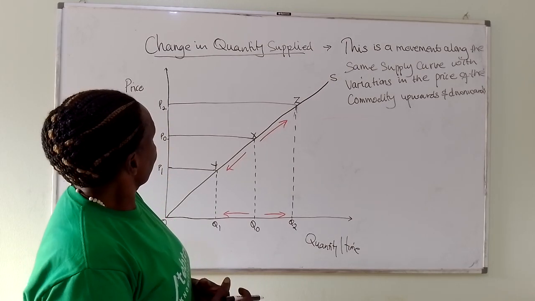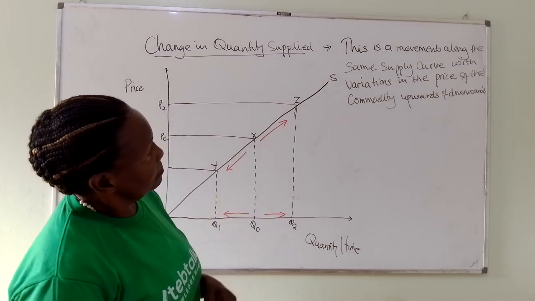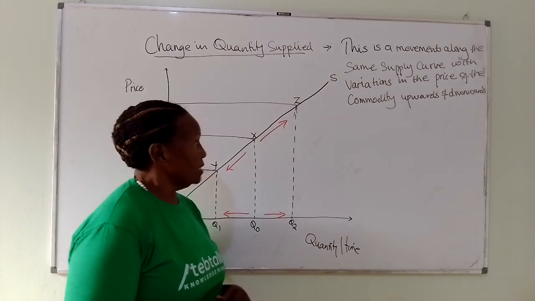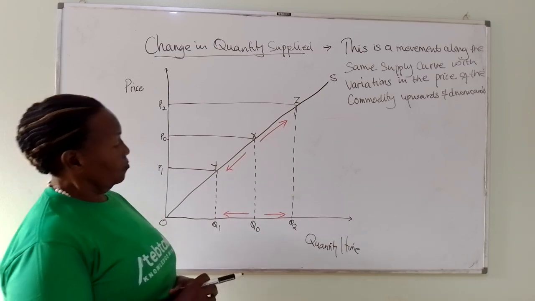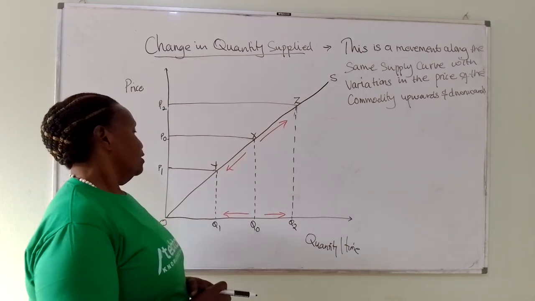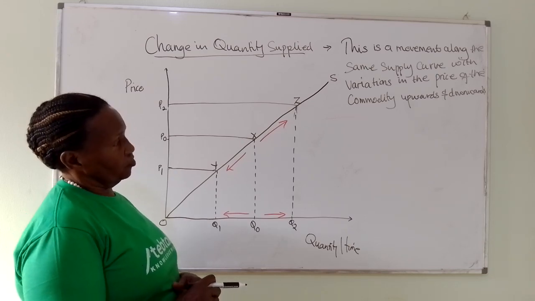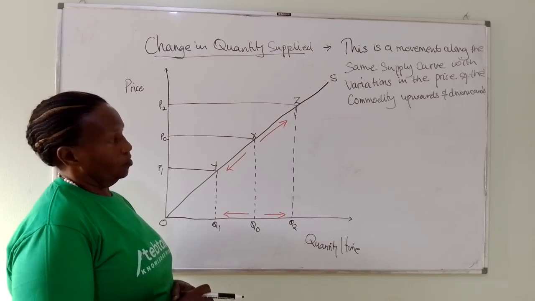Change in quantity supplied is the movement along the same supply curve with variations in the price of the commodity upwards and downwards. Or it refers to the amount of a commodity supplied due to either an increase or a decrease in its price, other factors remaining constant.